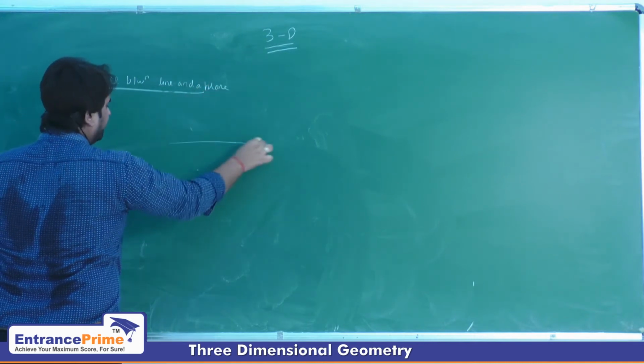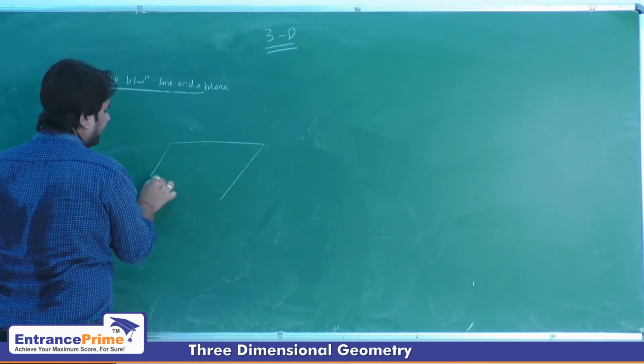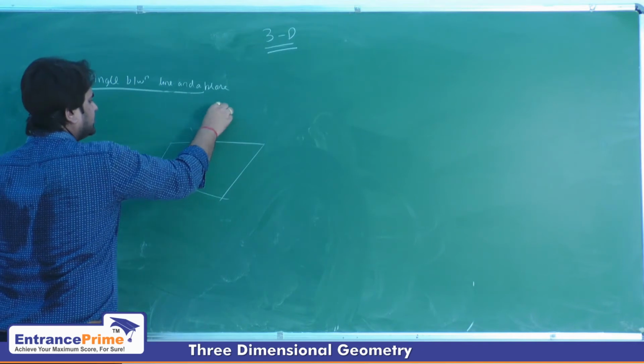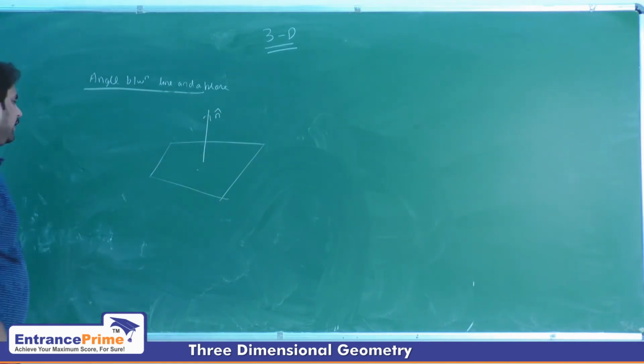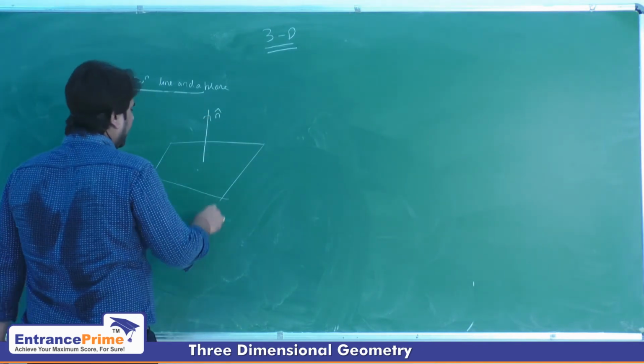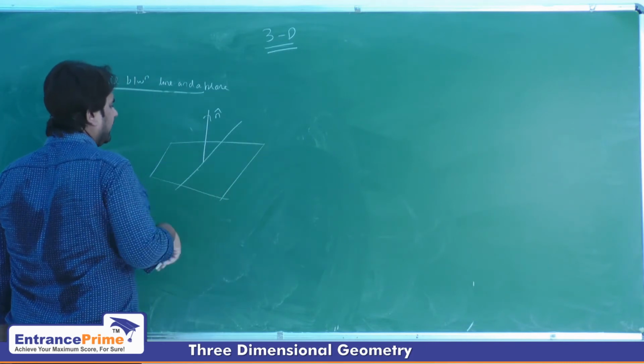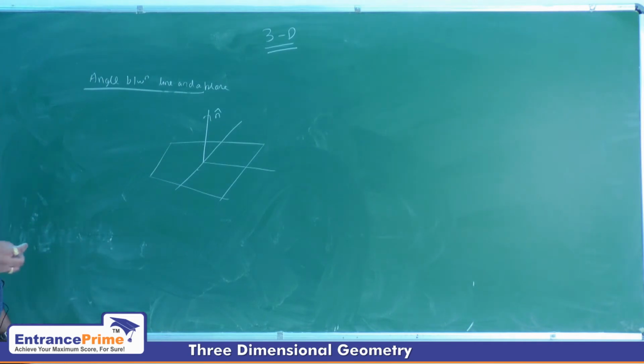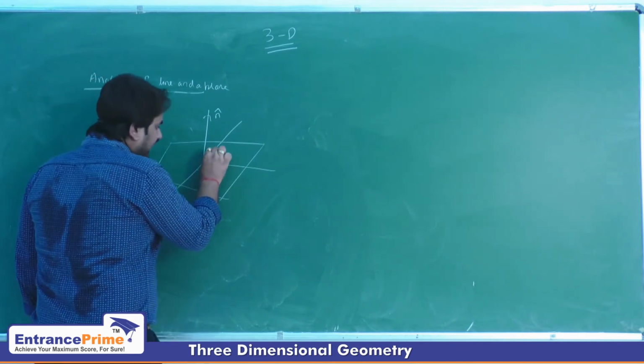Let us suppose I am having a plane. I have been given a plane in this way, and I have been given a line in this way. This is my normal vector, okay, and the line is going like this. And you have to calculate the angle between line and the plane.